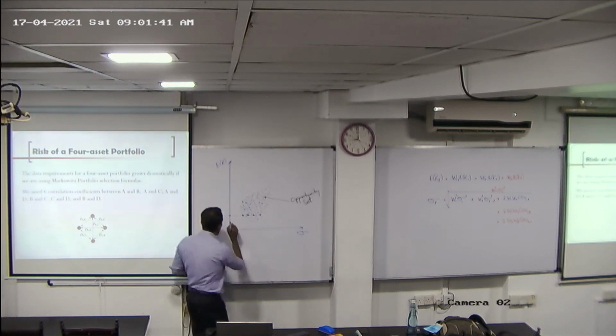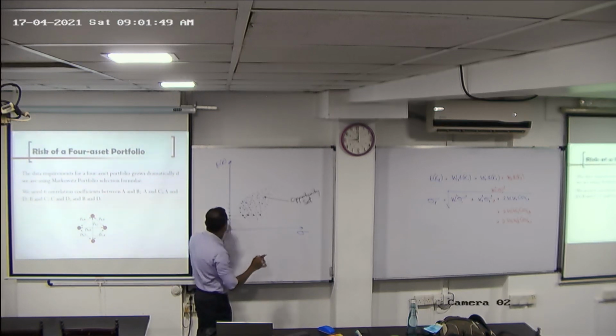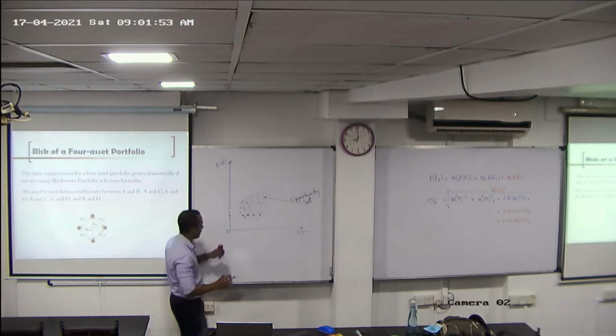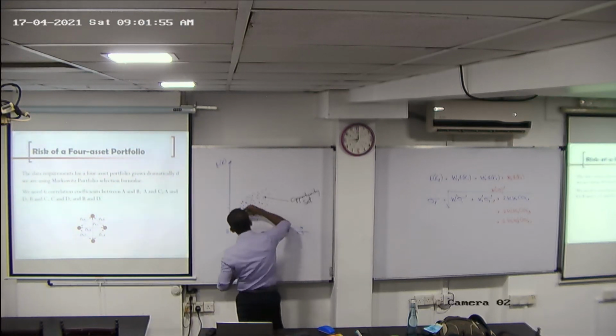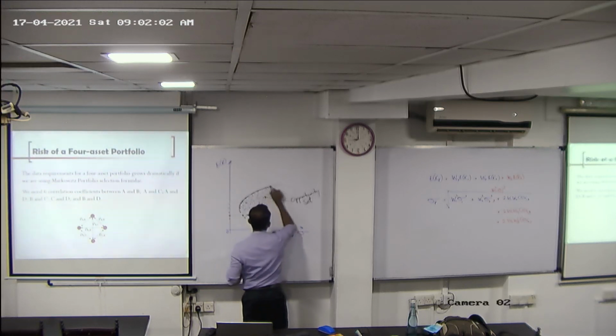So in this way, for any particular return, we can see what is the portfolio with the lowest risk, and then we can draw a curve using the portfolio with the lowest risk for a given level of return.